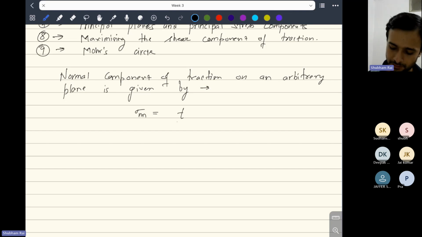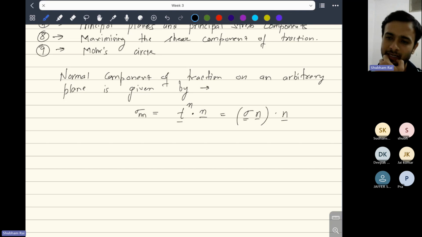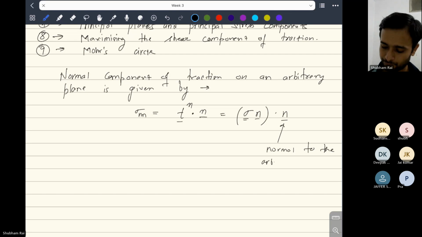It is given by the traction vector on that plane, having normal vector n, dotted with that normal vector itself, right? So you know that Tn is equal to sigma times n, and that will be dotted with n, where n is the normal vector to the arbitrary plane. Obviously, it is a normal unit vector.